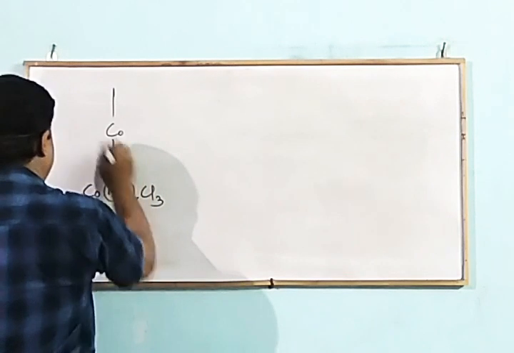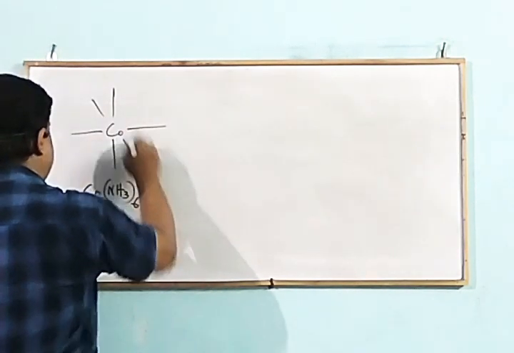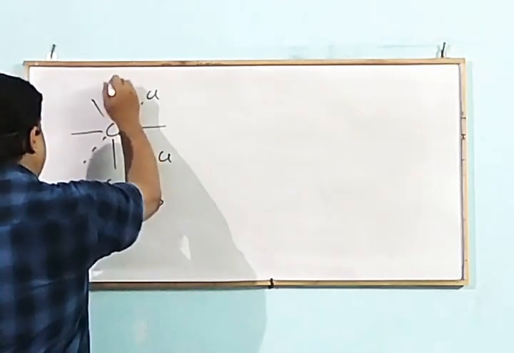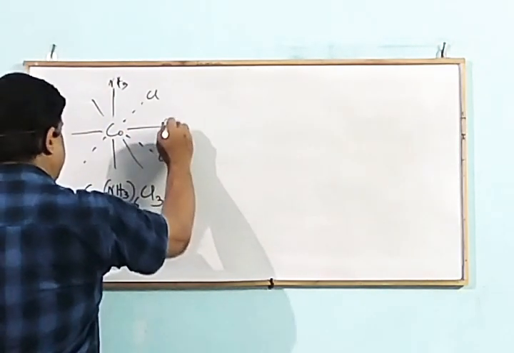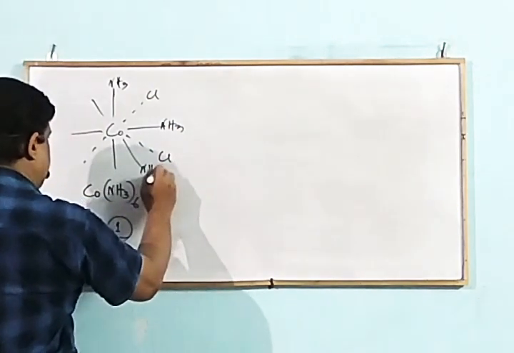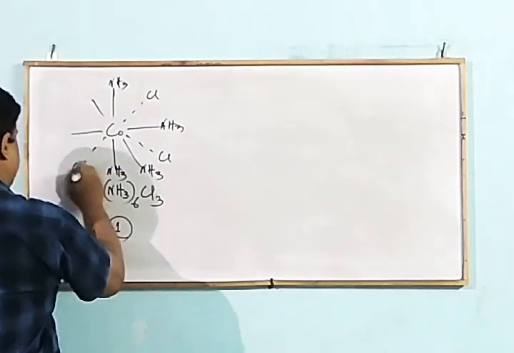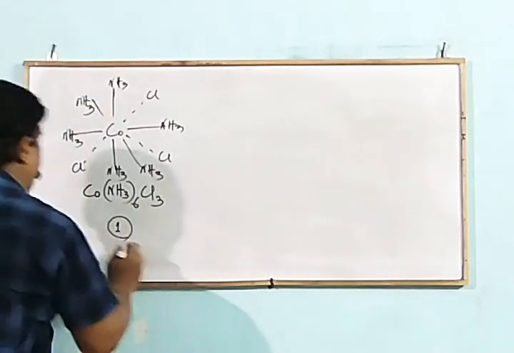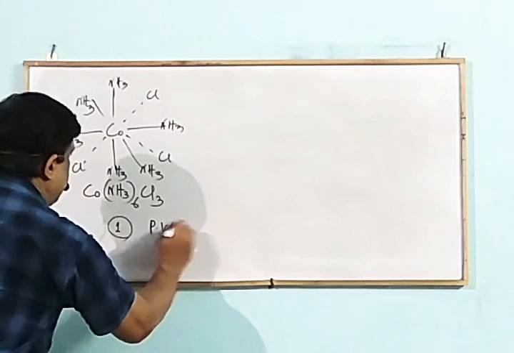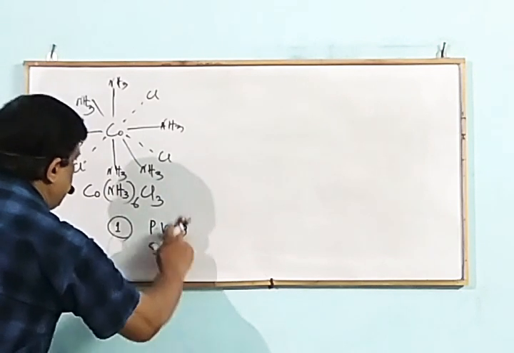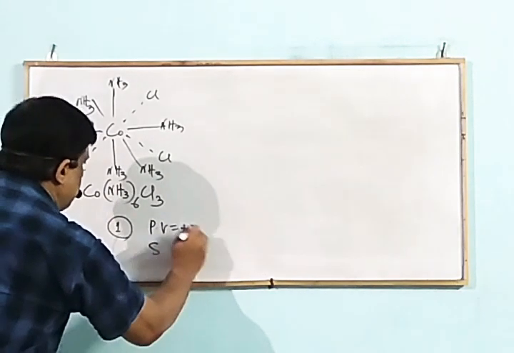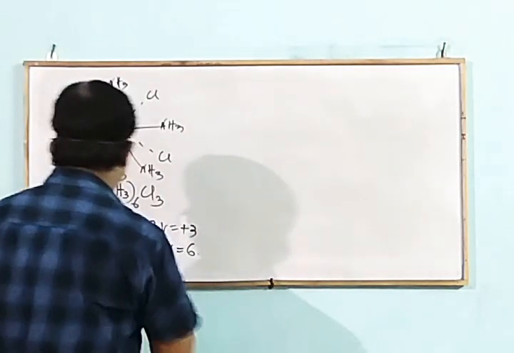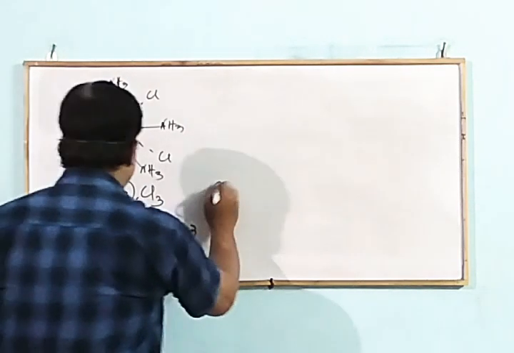Co, 1, 2, 3, 4, 5, 6, 1, 2, 3 Cl, and NH3 six times. Here primary valency is 3, secondary valency is 6. Primary valency is known as oxidation number, while secondary valency is known as coordination number. It is structure 1.